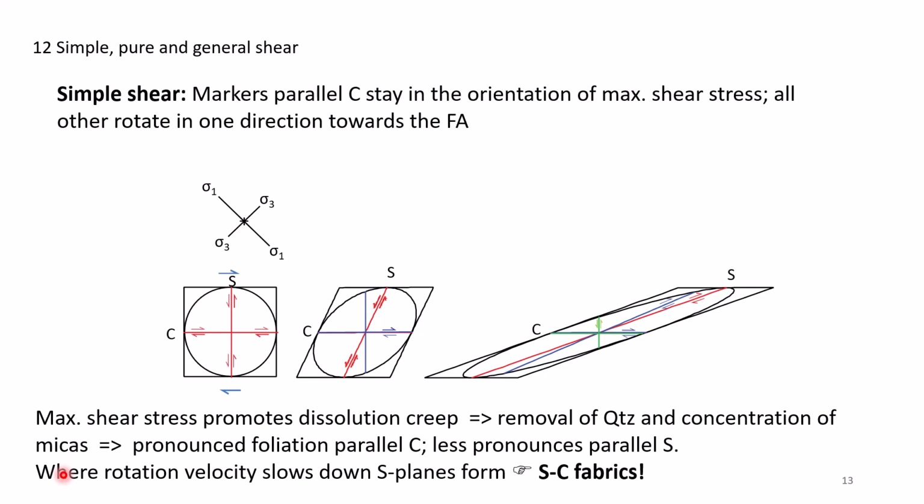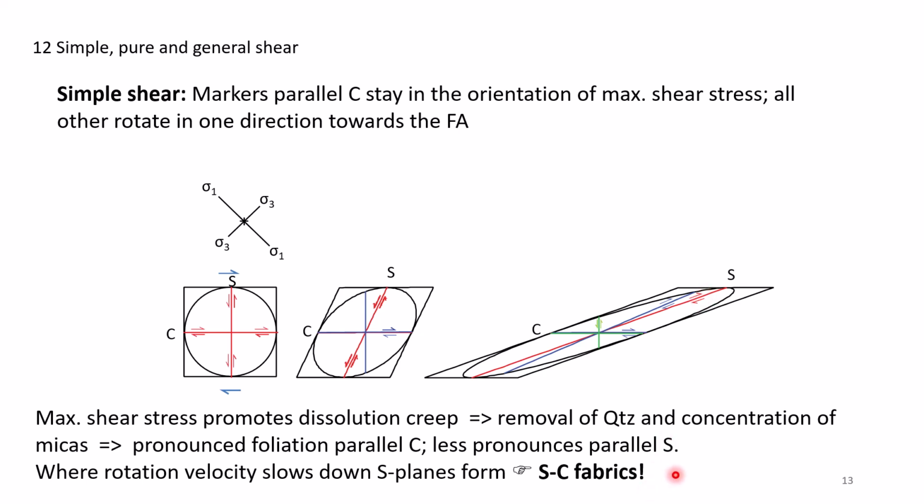During progressive strain, the rotation velocity slows down, and that in many cases leads to a situation where we have intensely developed C-planes and S-planes that remain obliquely oriented with respect to the C-plane. That is what we can use as a shear sense indicator in SC fabrics.